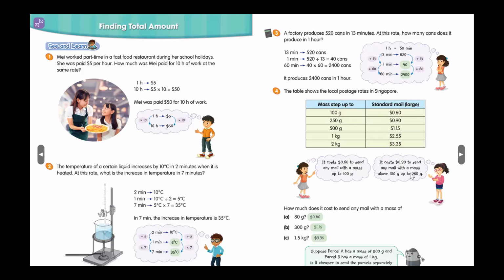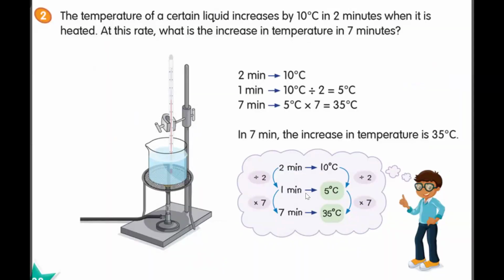Okay, so you realize that if you look at the temperature example in your textbook, it shows, like a science experiment, you put the liquid in this beaker and you heat it up. In 2 minutes the temperature increases by 10 degrees Celsius.